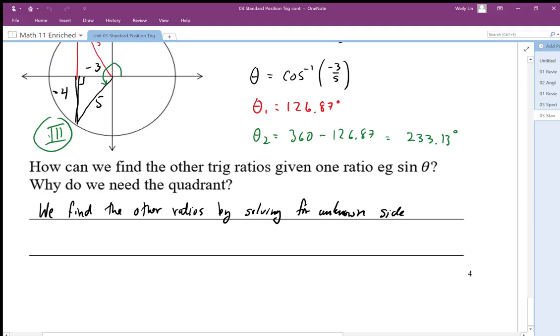Why do we need to know the quadrant? Okay, so we need to know the quadrant because there are two possibilities.